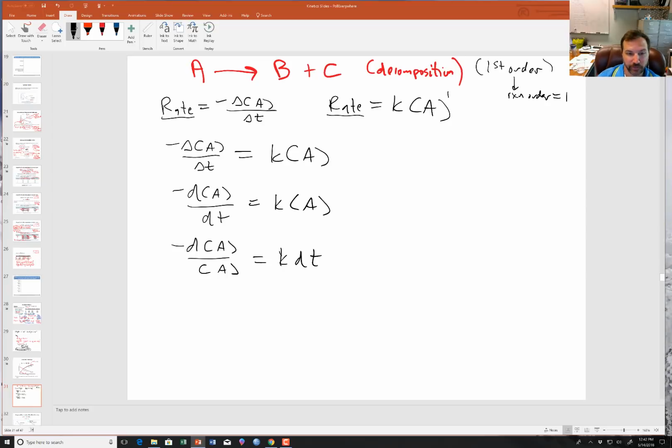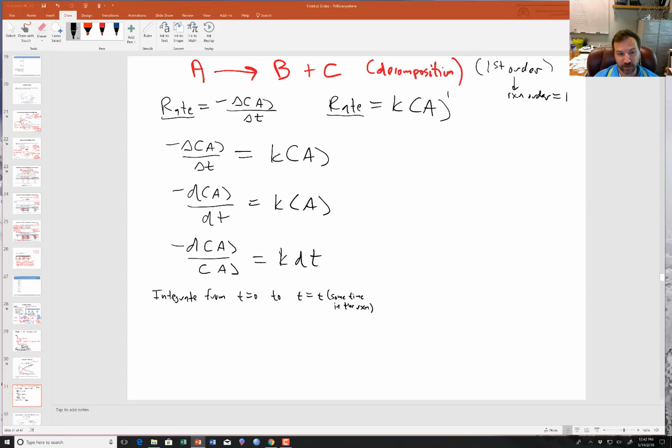And then we can integrate from time 0 to some time t, which is just going to be some time in the reaction.